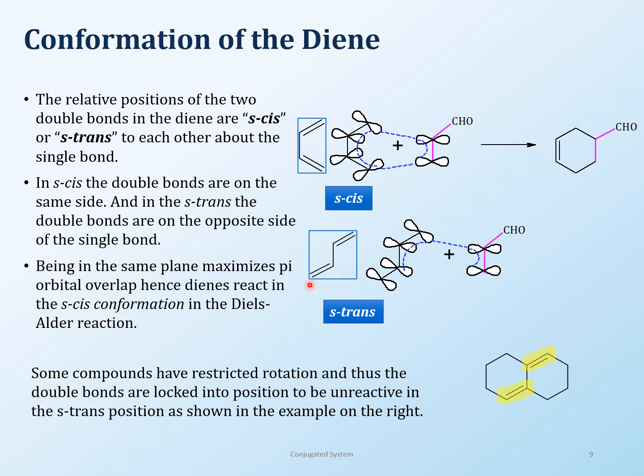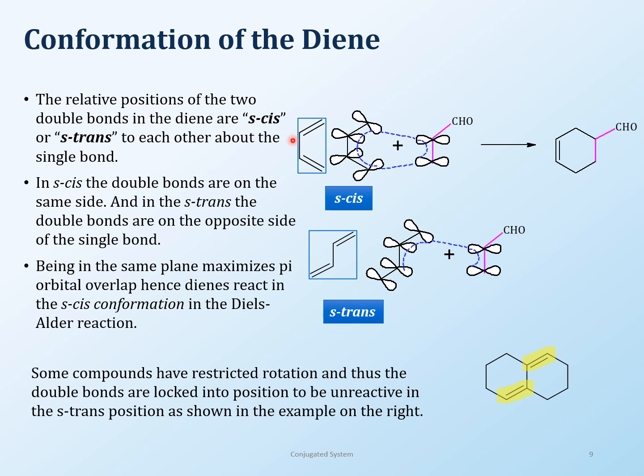Now, technically what this is right now, the way I've drawn it, it's fine, but this can easily, remember the single bonds can easily rotate, okay? So this is just to show you what an S-trans would look like, okay? That's all. It's not that this is actually like this. It's not, okay? It can rotate around. That's what I'm saying.